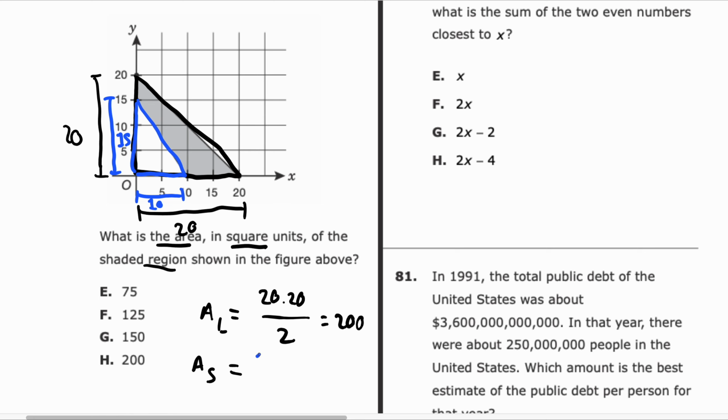So that would be 15 times 10 over 2, which would be 75. So now we need to subtract these two quantities. So we know area of the shaded region is A large minus A small, so that would just be 125. So that would be F. Okay.